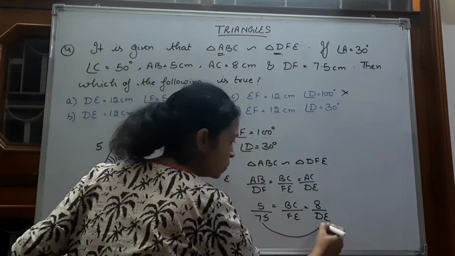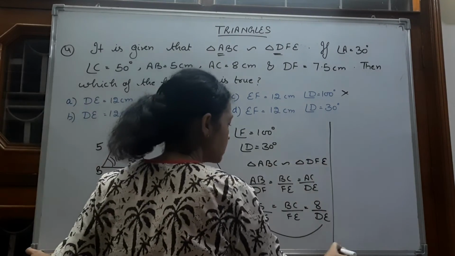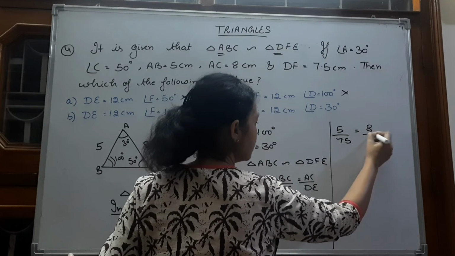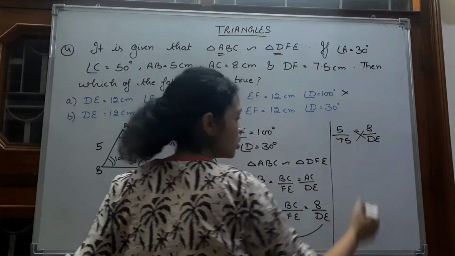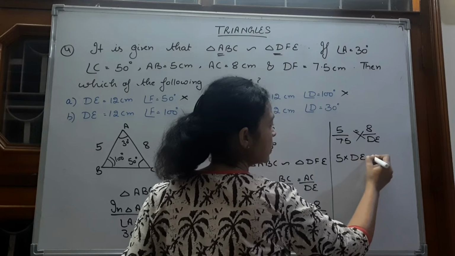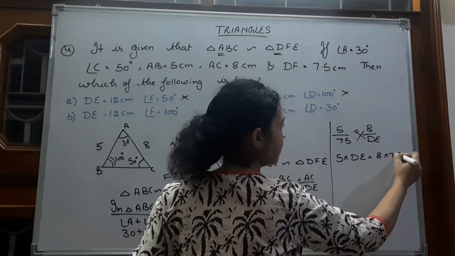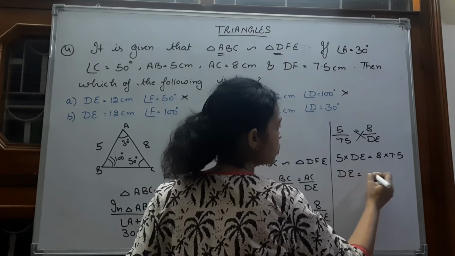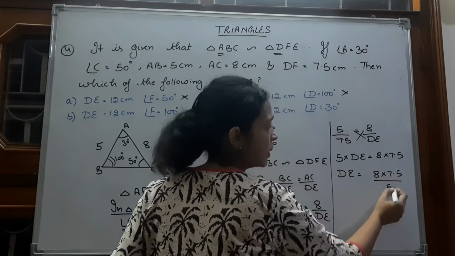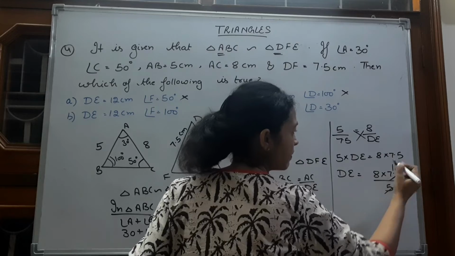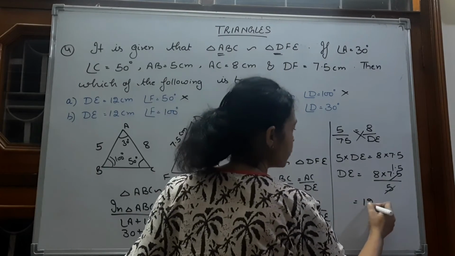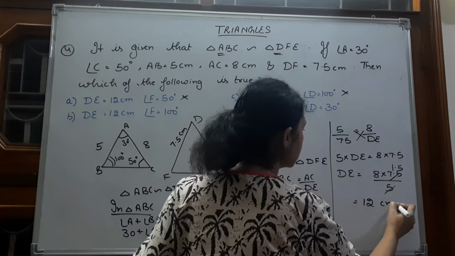Let's take these two. 5 upon 7.5 equals 8 upon DE. Cross multiply. 5 into DE equals 8 into 7.5, and DE equals 8 into 7.5 by 5. That is 1.5 into 8, 12 centimeters.